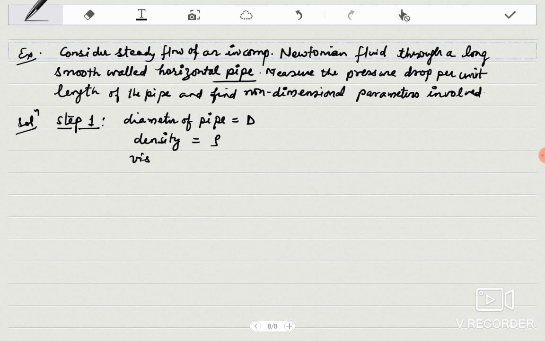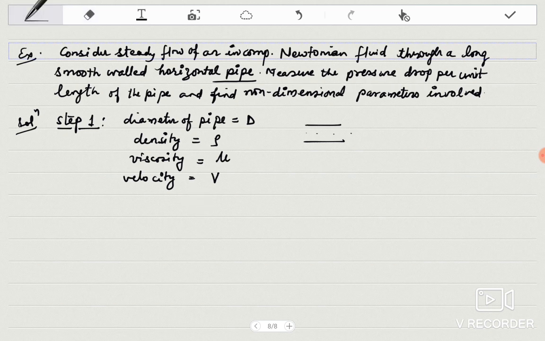Then viscosity is mu, and then flow, so velocity is v. If I take gravity, then it will be g, but your pipe is horizontal. It means that everywhere the level will be the same, or you can say that gravity force may be neglected in cases of horizontal pipes, so gravity will not be a parameter involved in this problem.